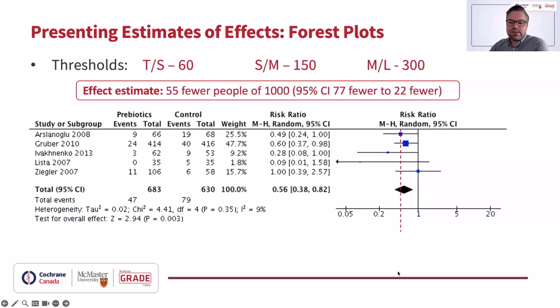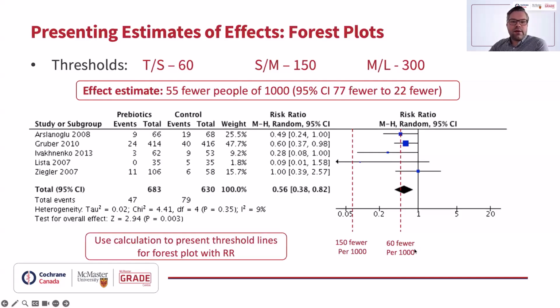So if we apply these thresholds, we can show that our threshold for going from a trivial to a small effect is 60. And here, for going from a small to moderate effect is 150 per 1,000.